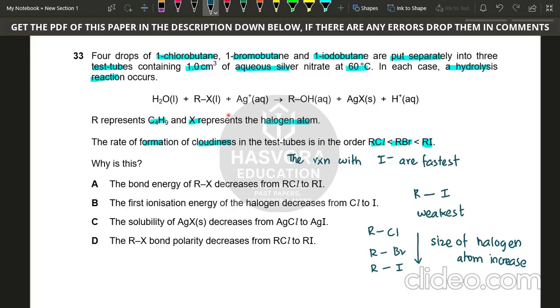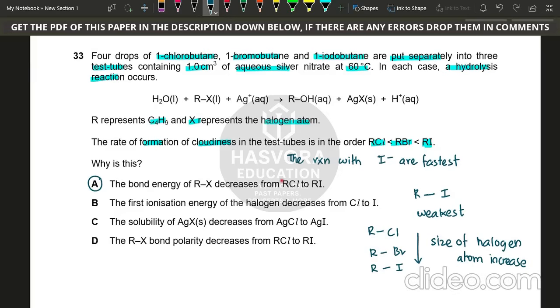So you can clearly say that the bond energy decreases from the side chain with Cl down to the side chain with iodine. So the answer will be A, which says that the bond energy of RX decreases from RCl to RI. That's why the RI will break more easily, so the rate of formation of cloudiness is the fastest in that one.